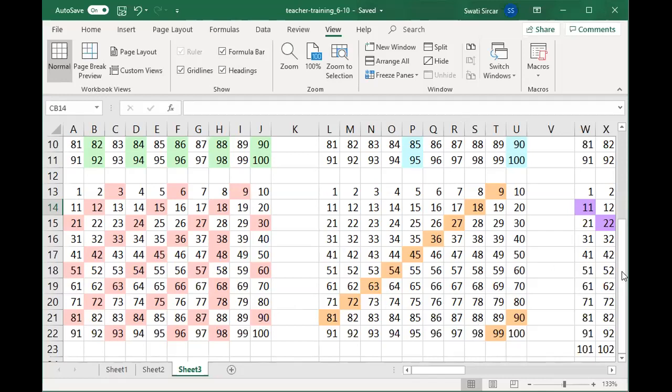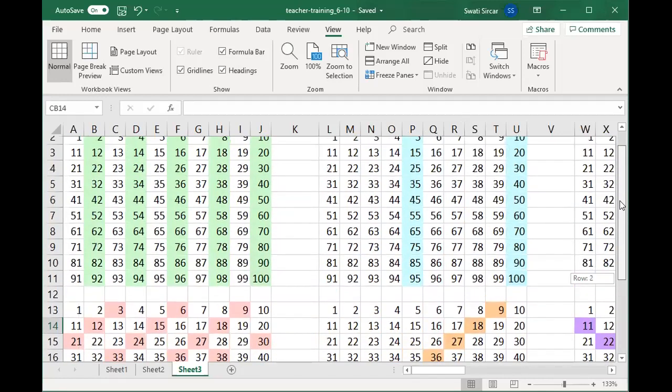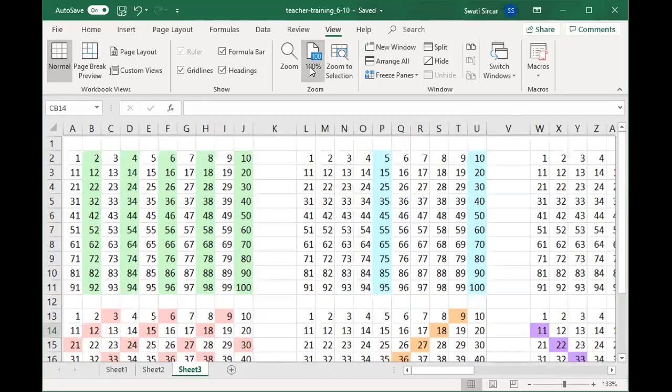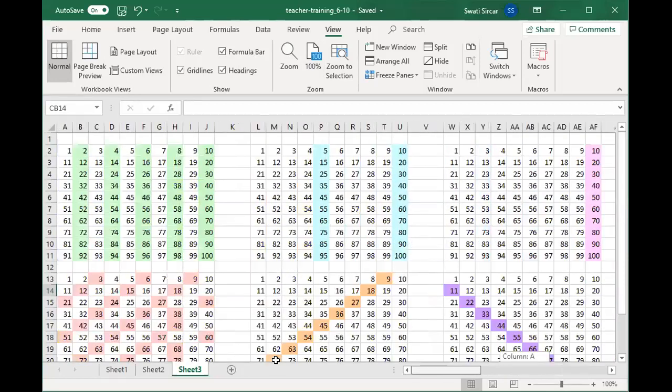Before that, one thing: when we do this vertical column arrangement with groups of 10 columns, naturally every column has the same units digit, and every row will have a different tens digit, mostly except the last one.